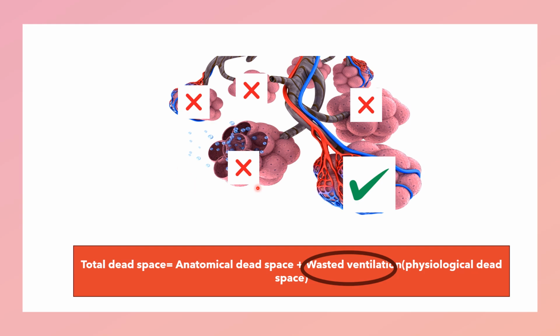If all these alveoli are not performing well, the surface area available for the gaseous exchange is also reduced. That is also a cause of less oxygen delivery to the blood and to the peripheral tissue, which will ultimately lead to hypoxia.